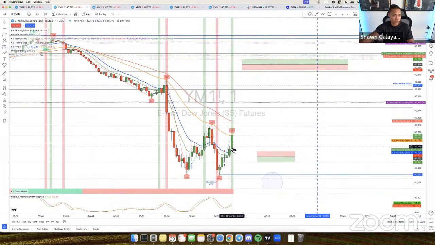All right, so price is pushing up right here. There's a lot of buy orders that are just kind of chilling around this area right now.